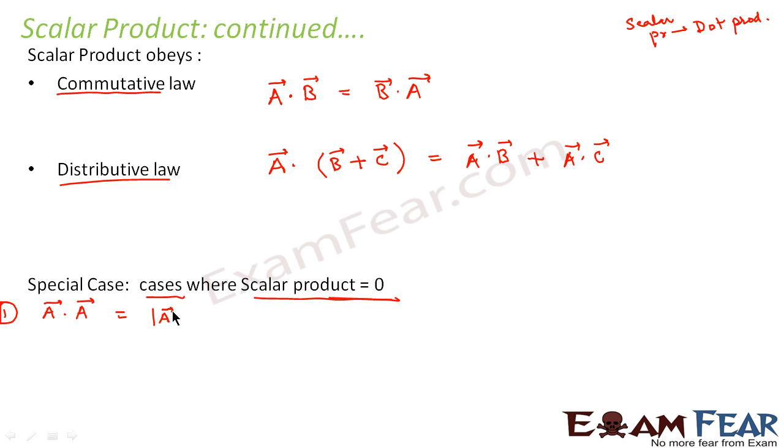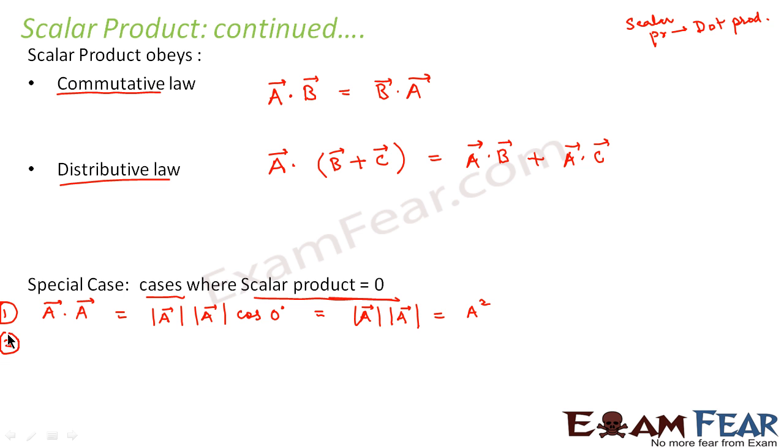A dot A would be magnitude of A into magnitude of A into cos theta. Theta would be 0 because both are the same vector. Cos 0 is 1. So this is equal to magnitude of A into magnitude of A, which can be written as A square, because these are not vectors anymore. Magnitude of A is a scalar.